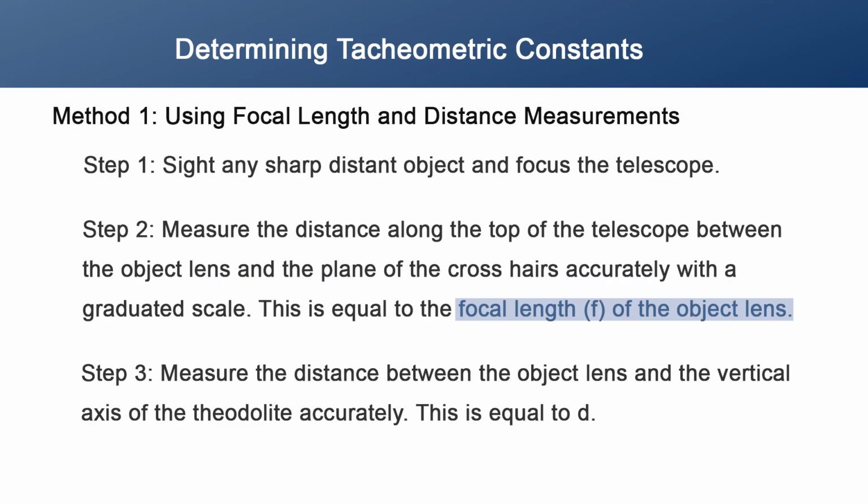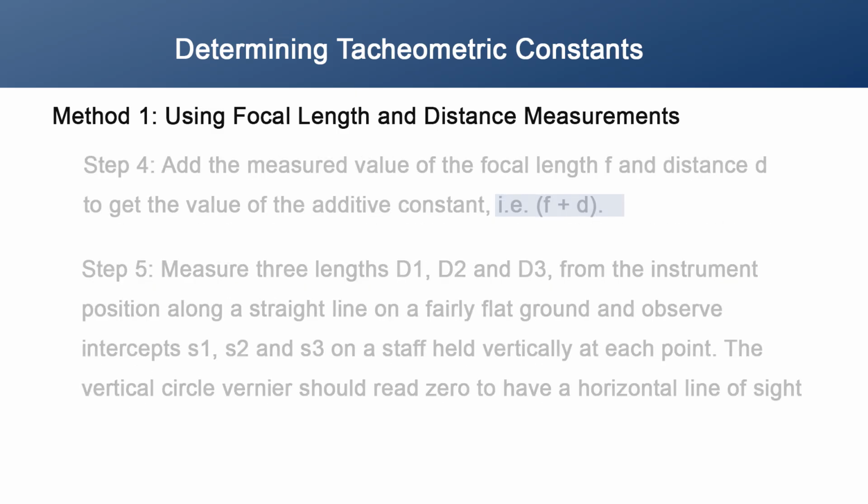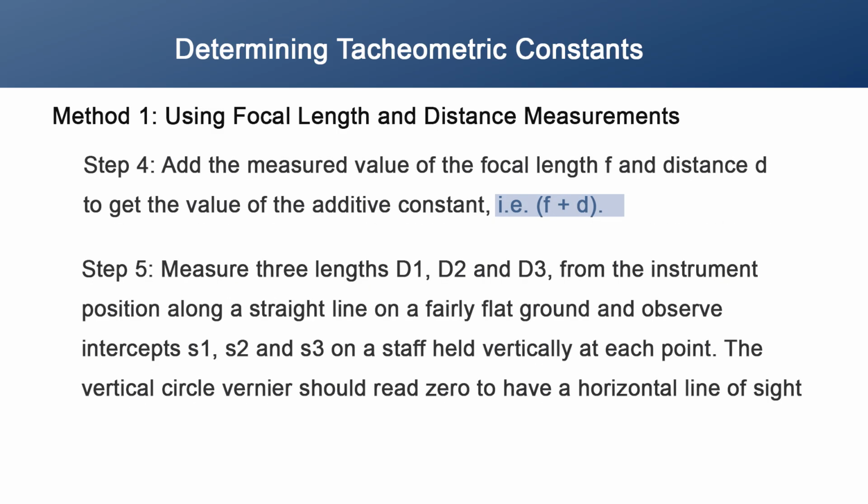The distance is called the focal length and is labeled as small f. Next, measure the distance from the object lens to the vertical axis of the theodolite, which is referred to as small d. The sum of these two measurements gives you the additive constant f plus d.